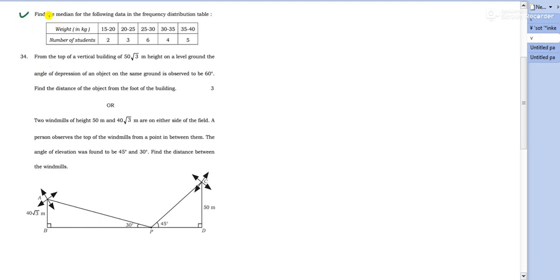So the question says find the median for the following data in the frequency distribution table. So again you have to write the median formula first. What is the median formula? It is L plus n by 2 minus cf divided by f into h. So what are all these?